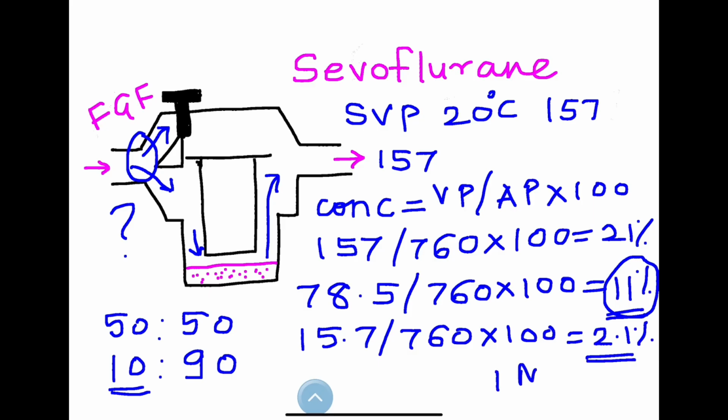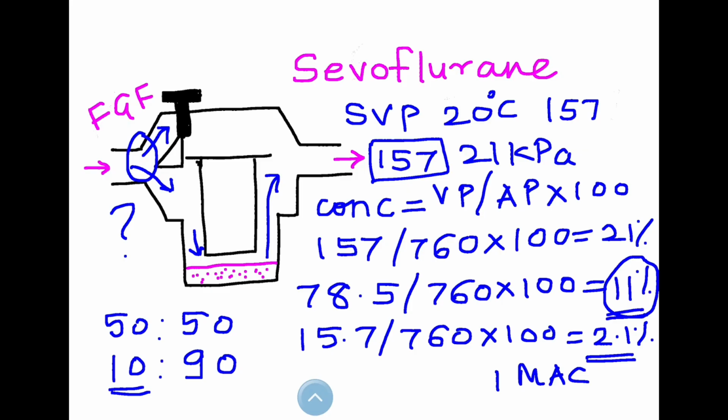We can also calculate the splitting ratio of sevoflurane by using mathematical calculations. So now we know that the SVP of sevoflurane at 20 degrees Celsius is 21 kilopascals, that is 157 millimeter of mercury. So sevoflurane concentration is SVP divided by the atmospheric pressure multiplied by 100.